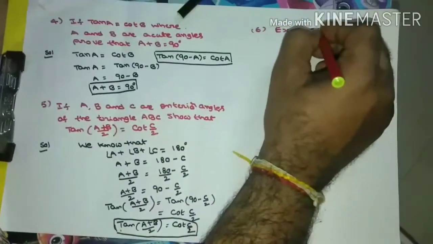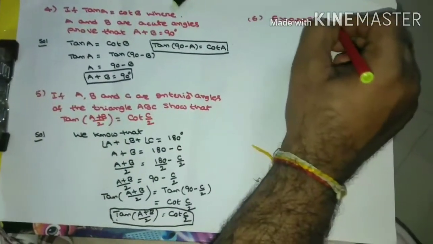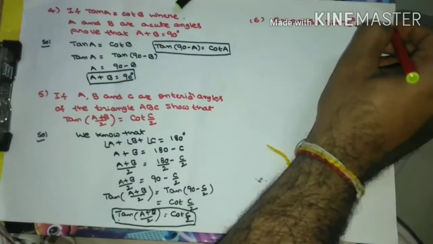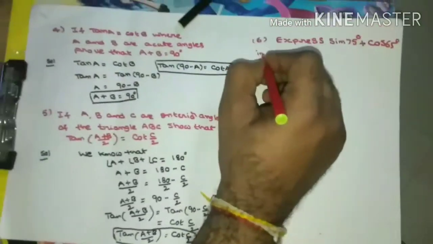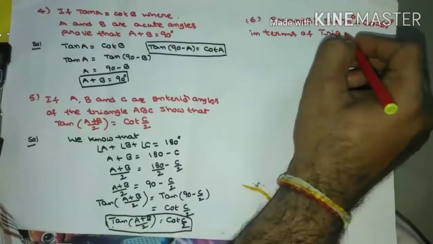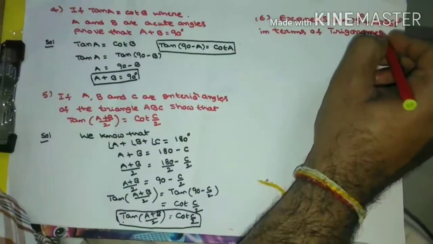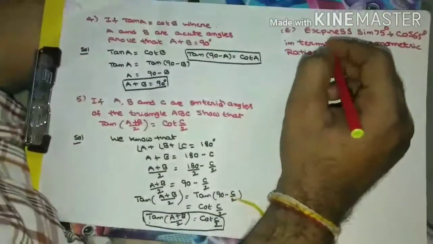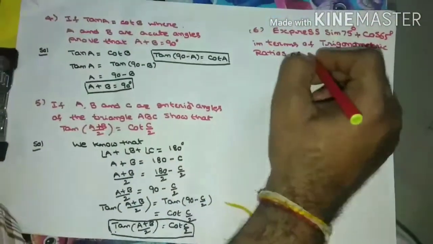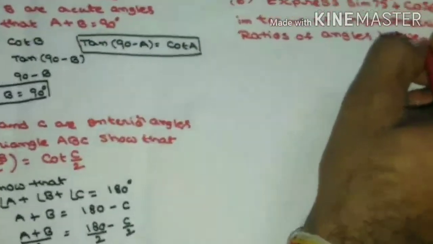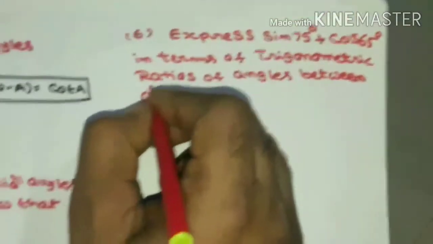Express sin 75 degrees plus cos 65 degrees in terms of trigonometric ratios of angles between 0 degrees and 45 degrees.